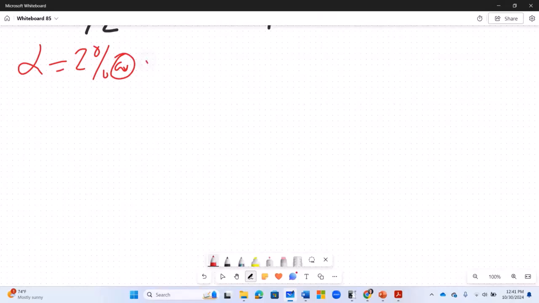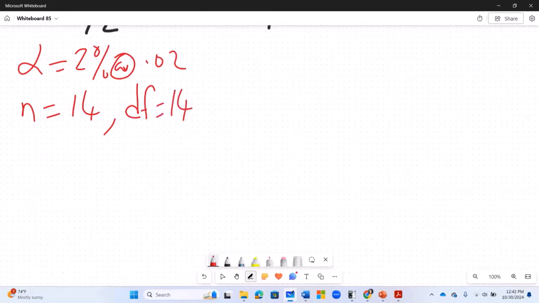So I have alpha equal to 2%, or I can write 0.02. The sample size is 14. Therefore, degrees of freedom is 14 minus 1, and 14 minus 1 is 13. So degrees of freedom is 13.